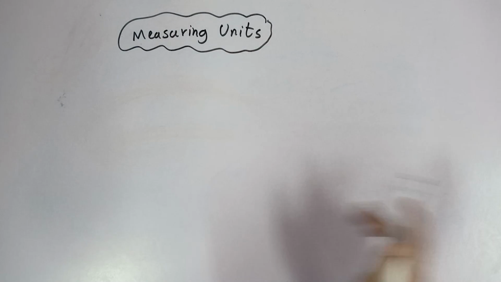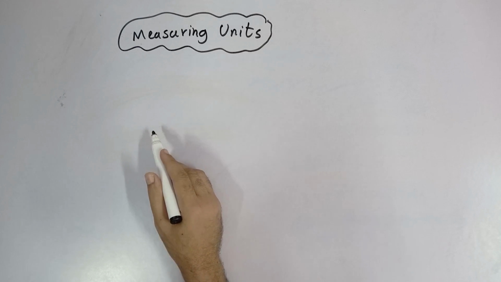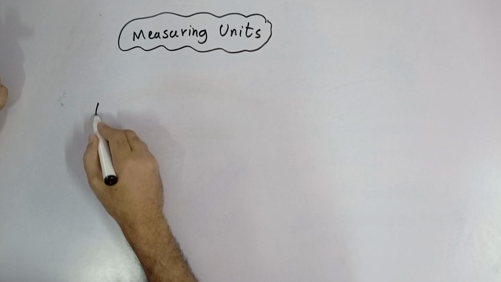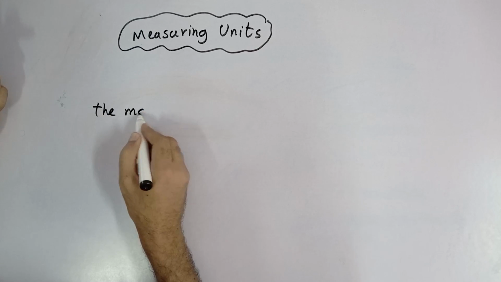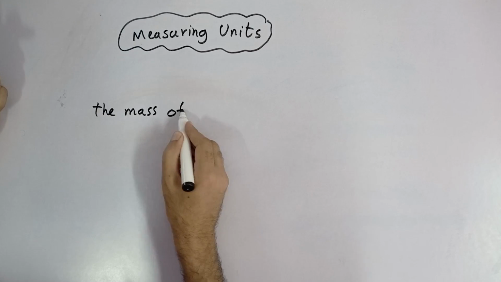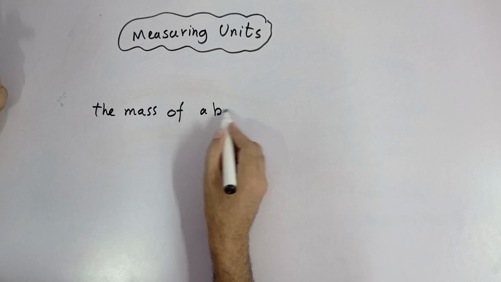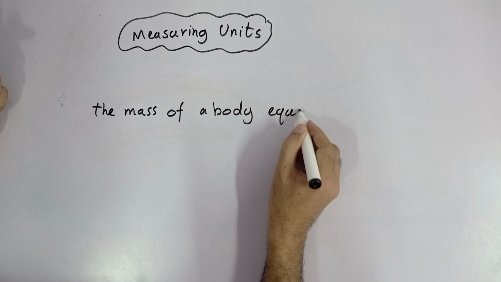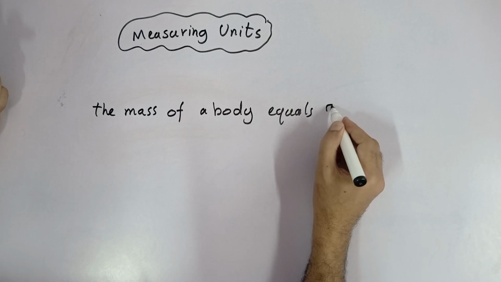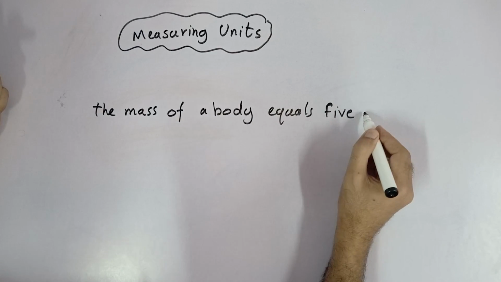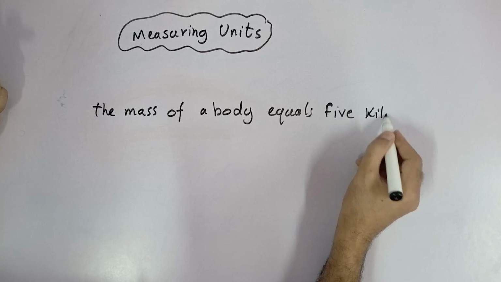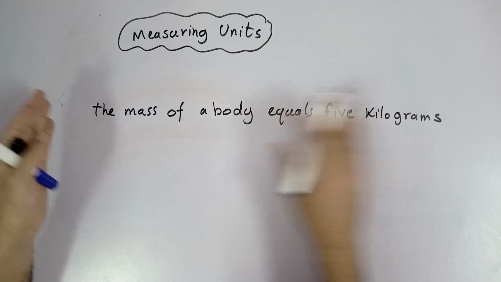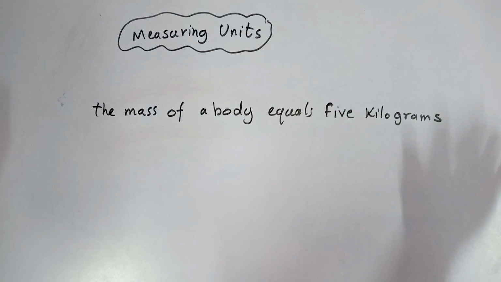There is an important thing you have to know: the notation. We can say the mass of any body equals 5 kilograms. But in physics, we cannot write all of these words.